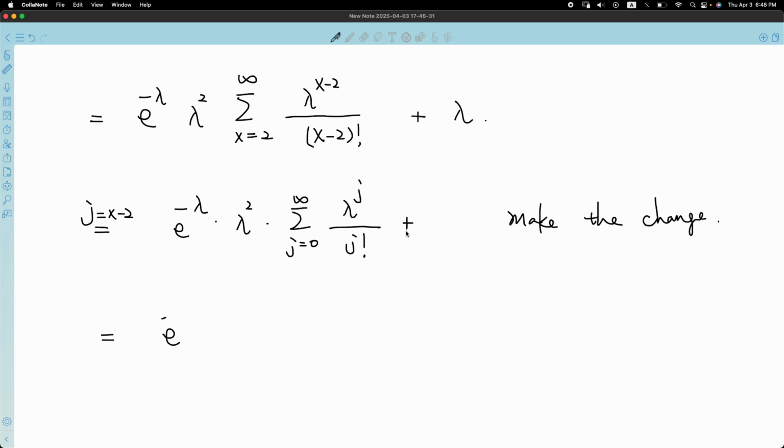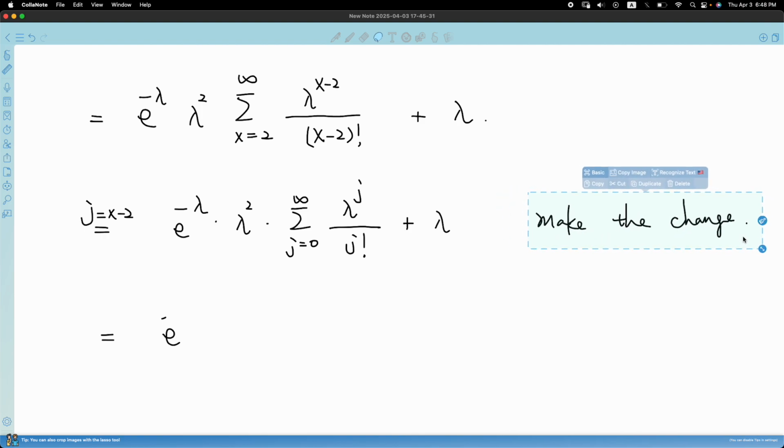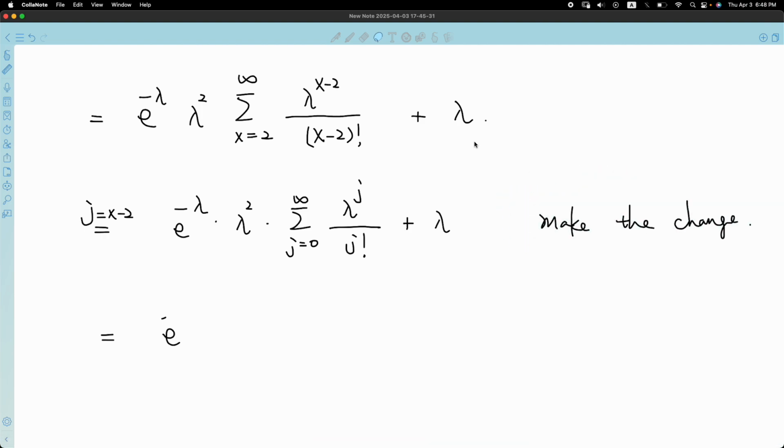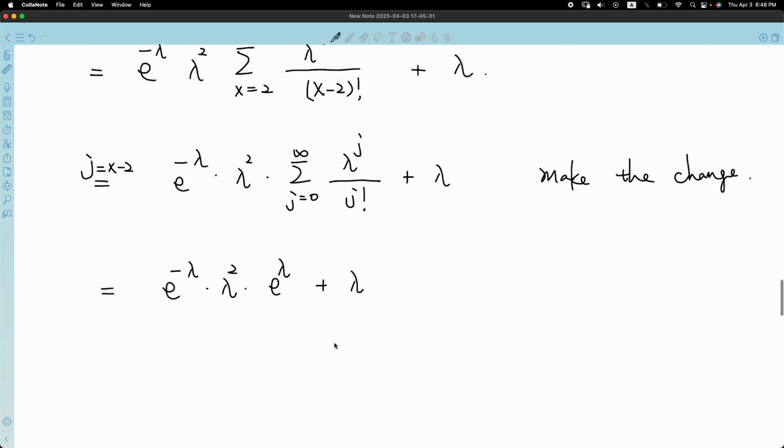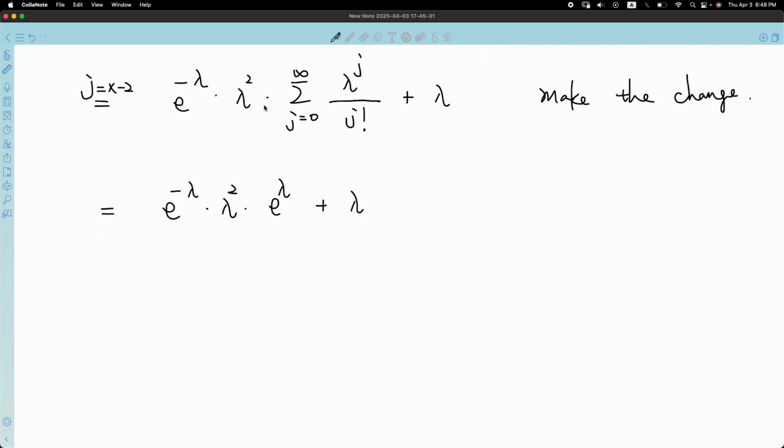Don't forget there's a plus lambda from here. So e to the negative lambda times lambda squared e to the positive lambda, plus lambda. So the final answer for the second moment is lambda squared plus lambda.